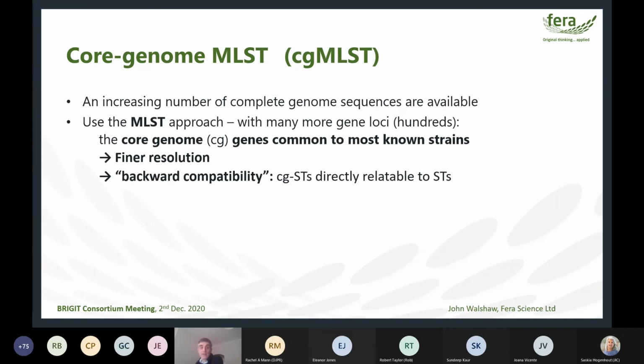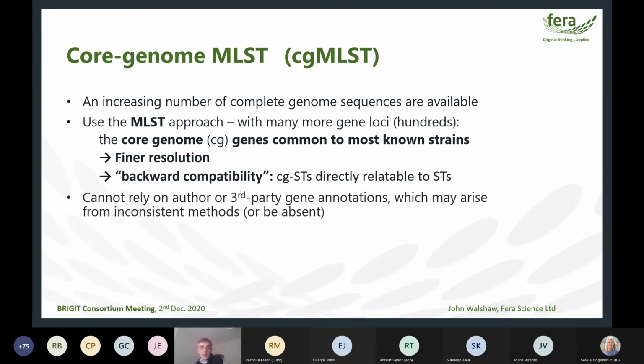I think one of the big assets of MLST is the fact that it's very simple, and core genome MLST is simply related to that legacy data. In contrast to normal MLST, where the genes are curated by experts, we can't do that for an entire genome's worth.